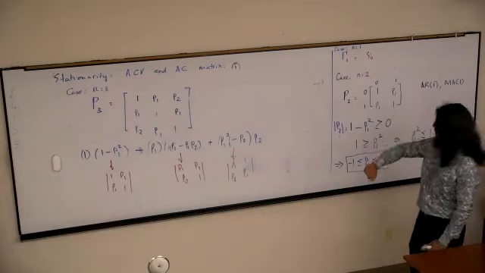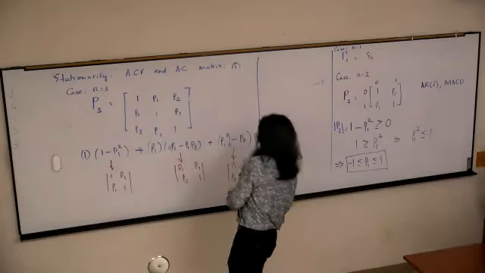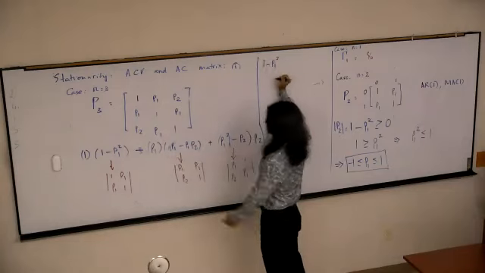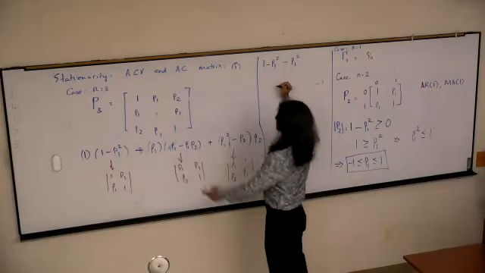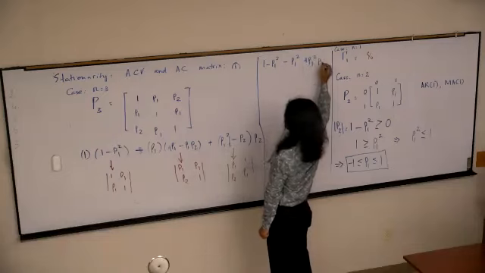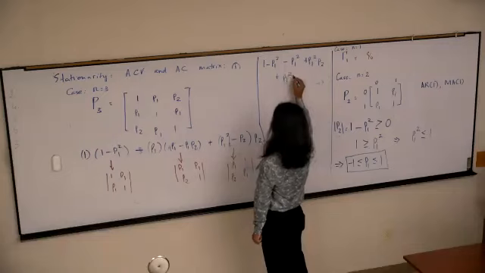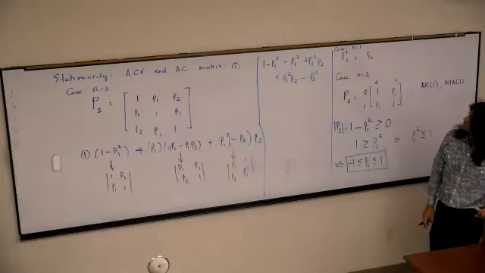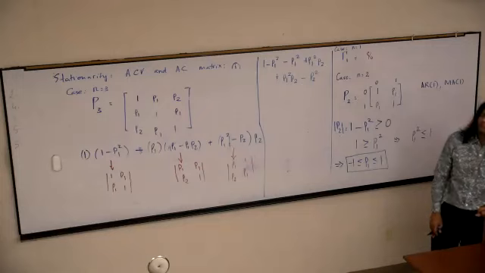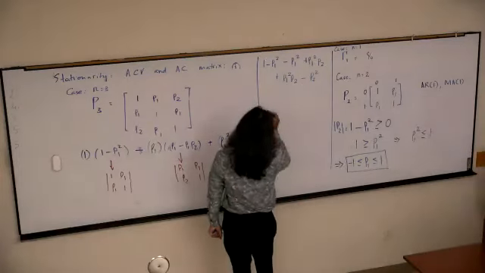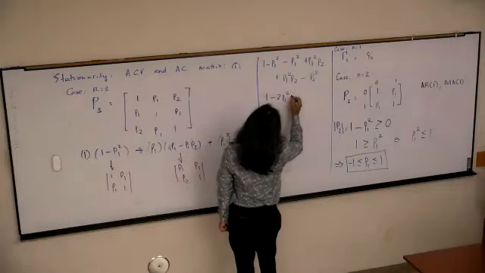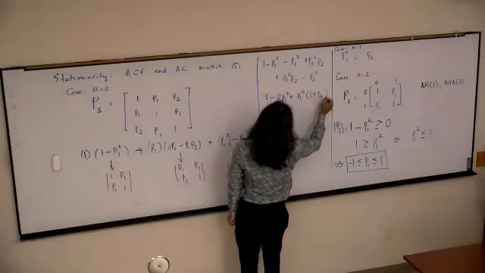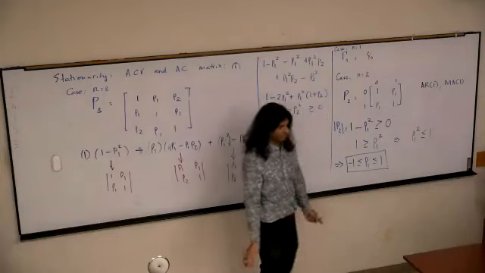So the entire expression: 1 minus rho 1 squared, distribute, minus rho 1 squared plus rho 1 squared rho 2 plus rho 1 squared rho 2 minus rho 2 squared. That is 1 minus 2 rho 1 squared plus rho 1 squared times 1 plus rho 2 minus rho 2 squared, which must be greater than 0. Condition number 1.